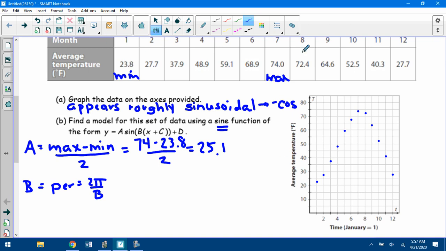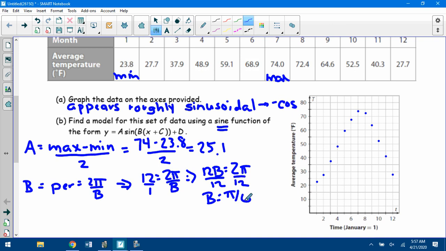And if we're talking in terms of months, one cycle is going to happen every 12 months, right? So we're going to say 12 equals 2 pi over B. We're going to cross multiply. We'll get 12B equals 2 pi. So divide by 12. And you get B equals pi over 6.